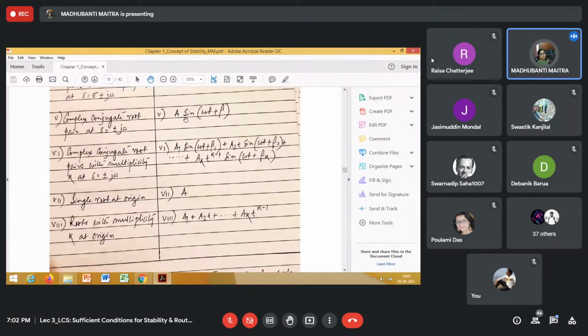So the output response is not decaying down to zero as t tends to infinity in these two cases, nor is it increasing towards infinity as t tends to infinity. So these two cases cannot be classified in general as stable or unstable. Instead, we use two terms synonymously, either marginally stable or limitedly stable.